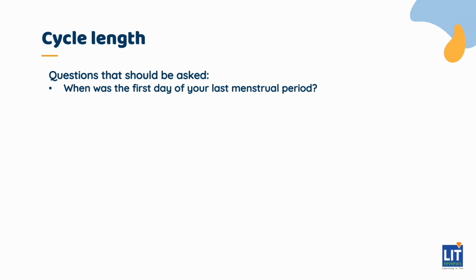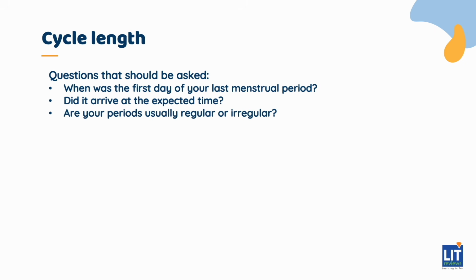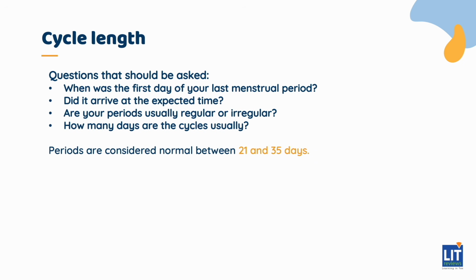For the cycle length, you can ask when was the first day of their last menstrual period, and if it arrived at the expected time. Questions like, are your periods usually regular or irregular? How many days are the cycles usually, can also be asked. Periods are considered normal between 21 and 35 days.